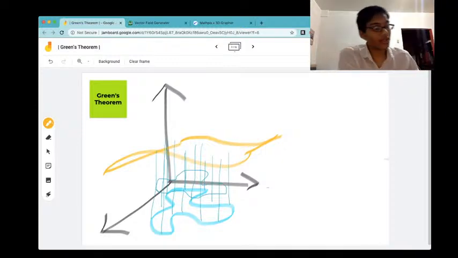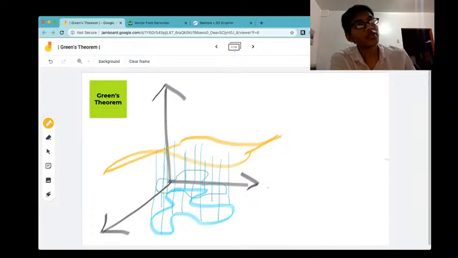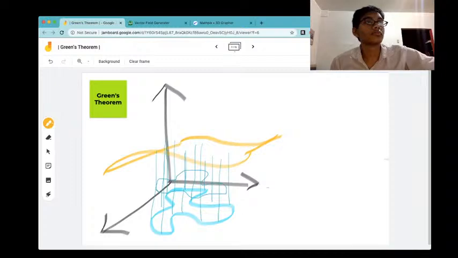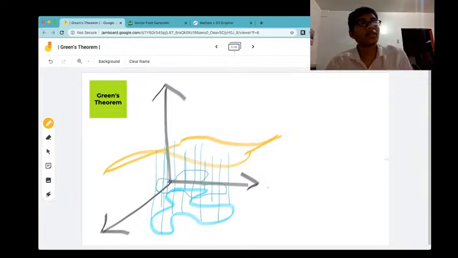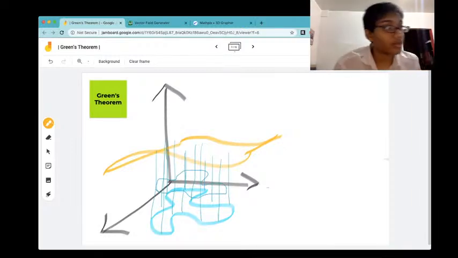Alright, so what do I mean? Well, let's grab a picture to illustrate. Okay, so when do we use the double integral, you may ask?